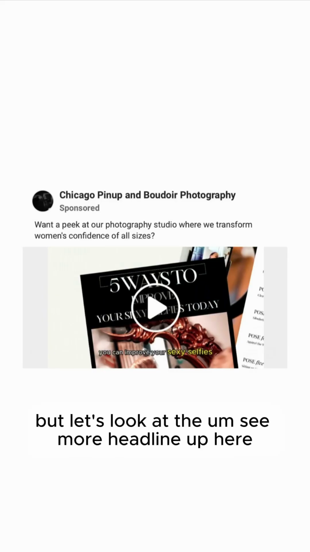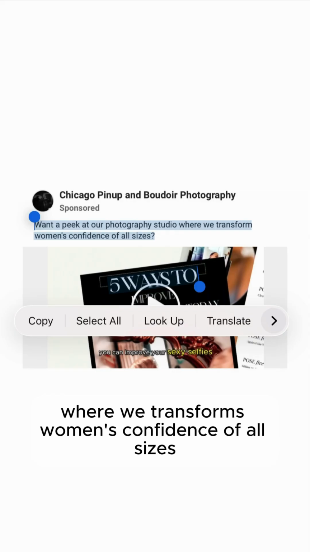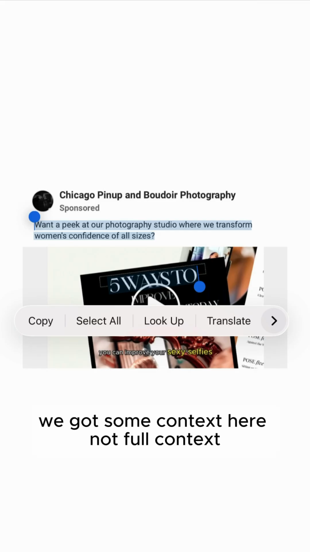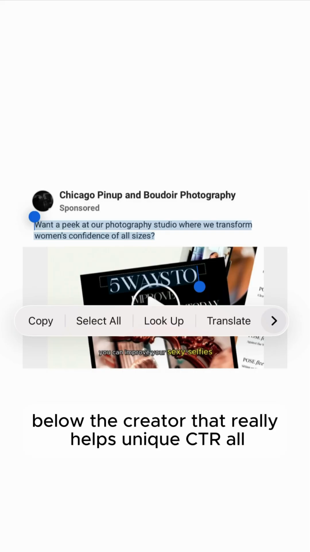So I haven't clicked this, but let's look at the see more headline up here. Want to peek at our photography studio where we transform women's confidence of all sizes. Yeah, we got some context here. Not full context, but I like that we don't have anything below the creative. That really helps unique CTRL.